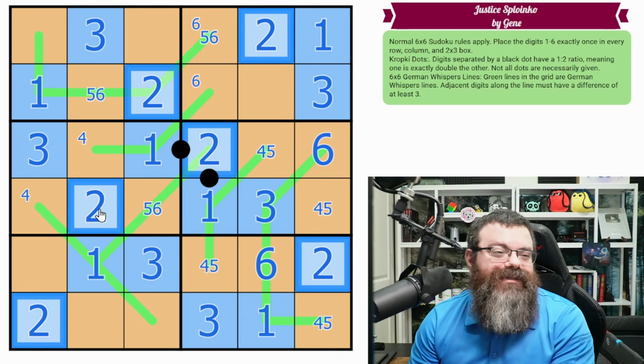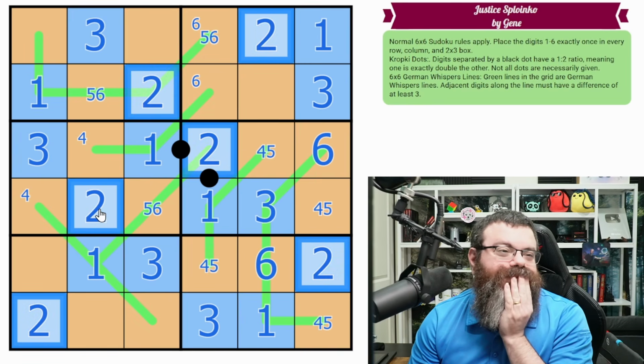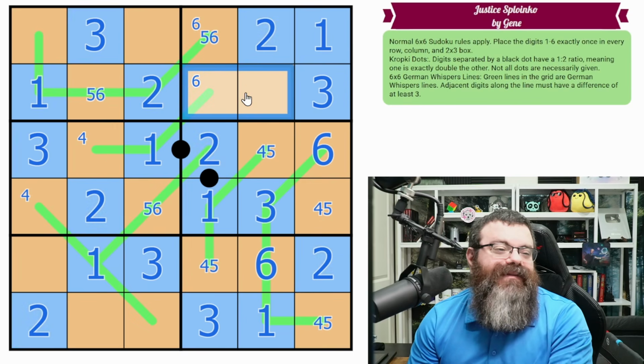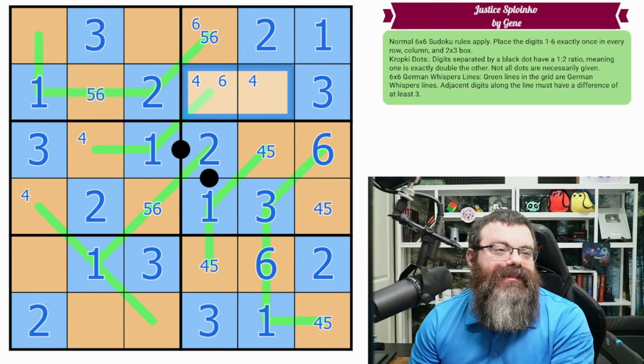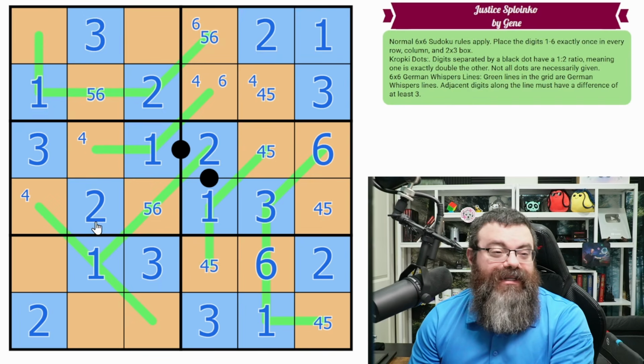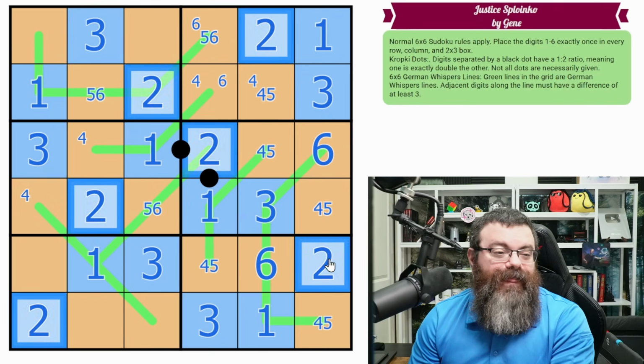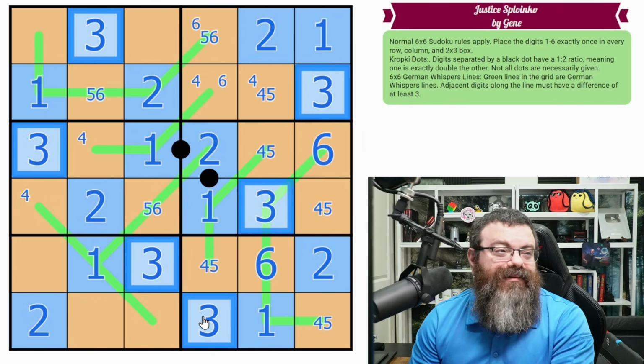I don't know how we're distinguishing the highs. There's definitely a 4 in one of these two. This is not 6, it's 4, 5. What am I missing here? Do I have any 3s that I didn't?